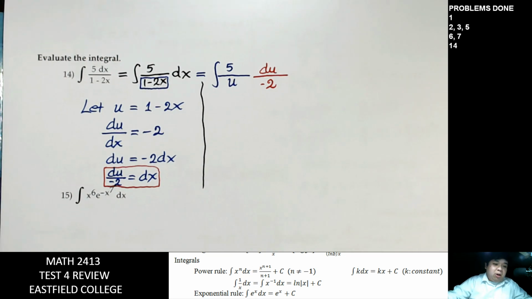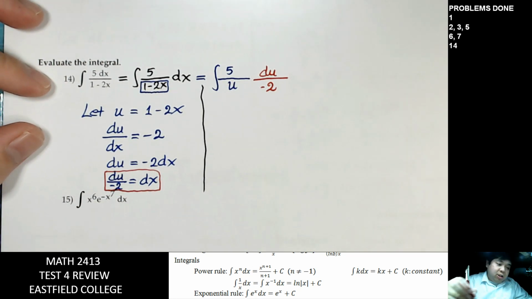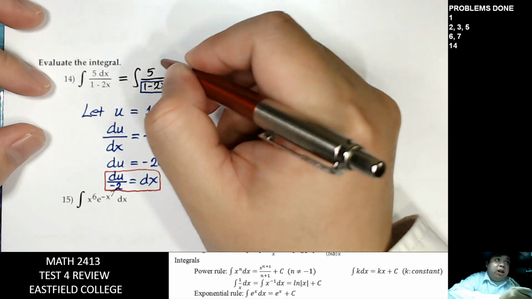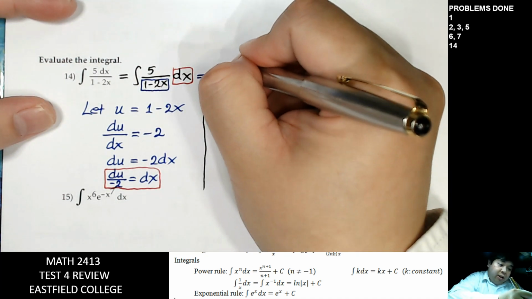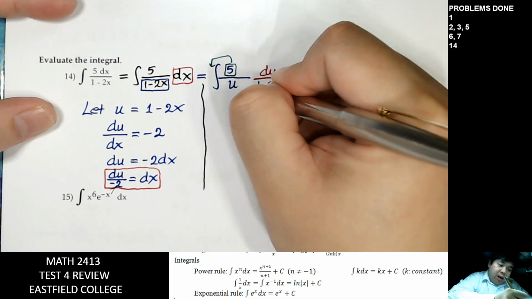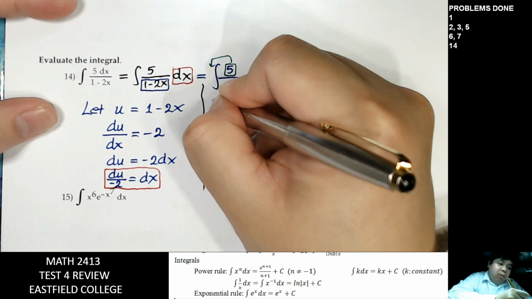Right, so pretty much just that, where we substitute everything in to the integral. Now nothing cancels here. The 5 is on the top, the -2 at the bottom.